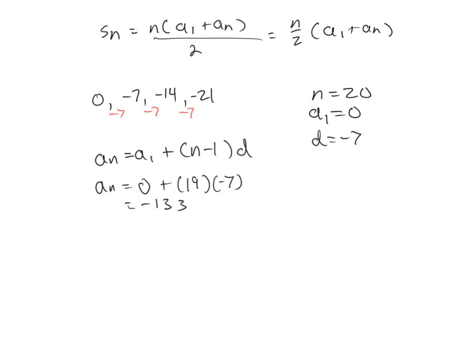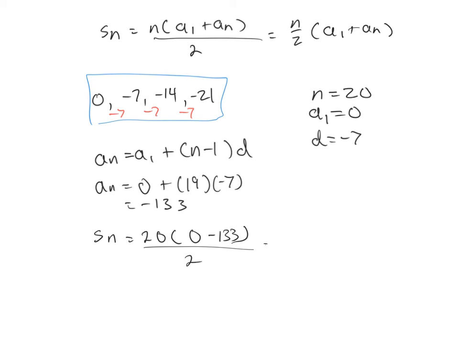From there, we want to plug this into our original formula, which will give us the partial sum of this particular arithmetic sequence. So S sub n is 20 times 0 minus 133, divided by 2.